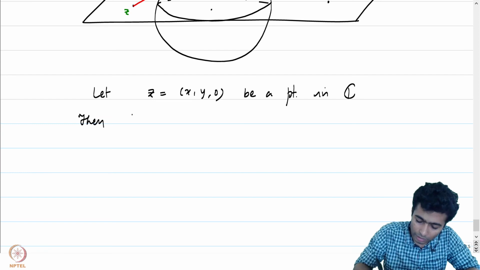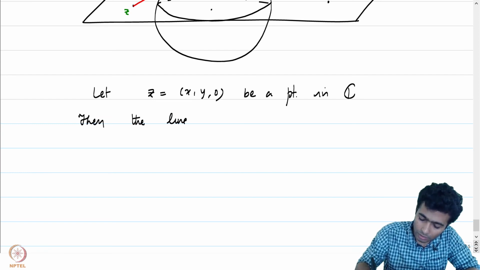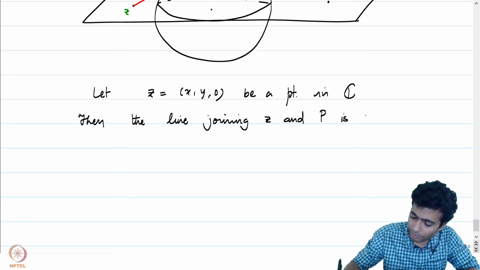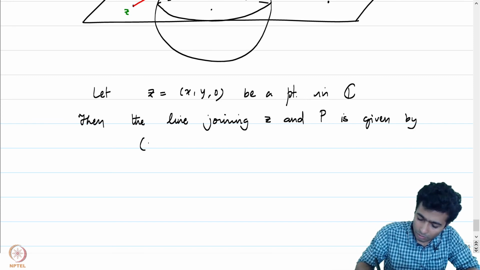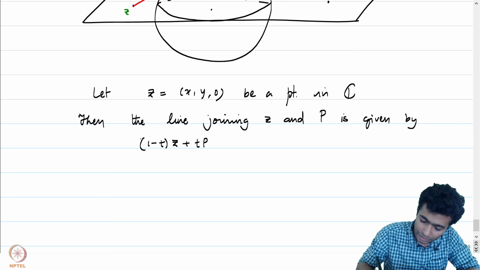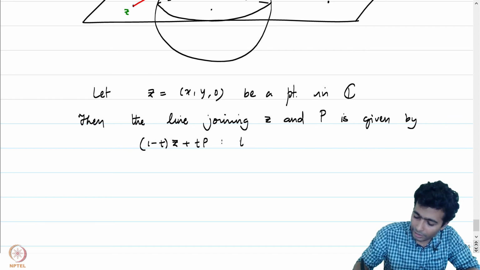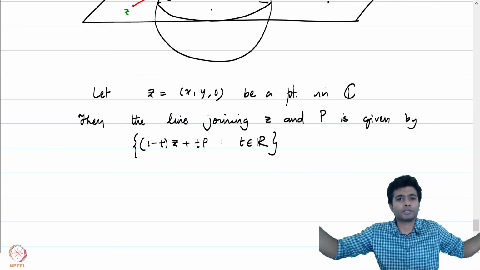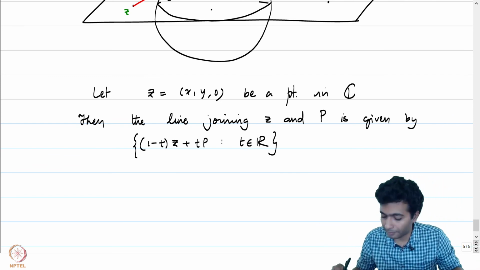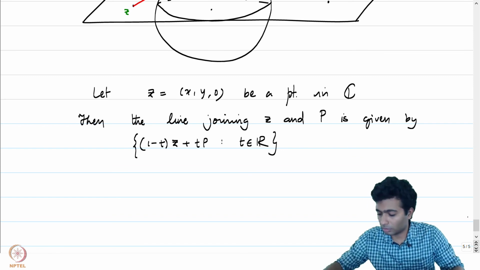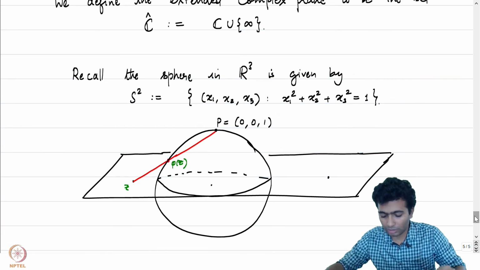Then the line joining Z and P is given by 1 minus t times Z plus t times P, where t belongs to all real numbers. This is the line which joins Z and P.